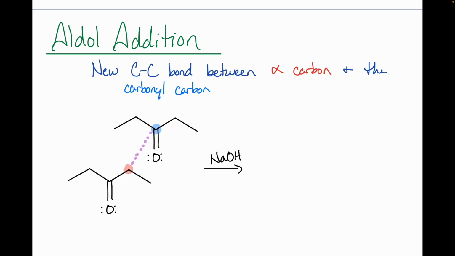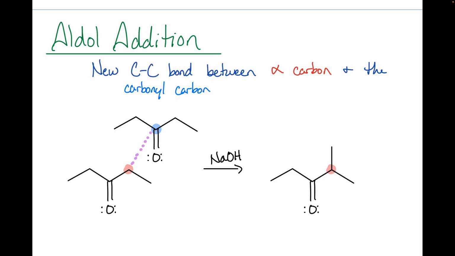Okay, so I'm going to start by redrawing that nucleophile. There's my 3-pentanone with that alpha carbon colored in red here, and there's a new bond between that alpha carbon and what?